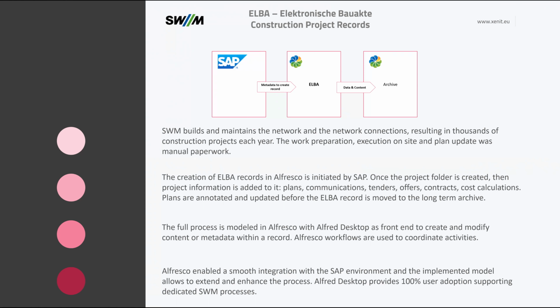When they execute the work, the workers provide annotations on the plans and give a description of the result of the work back to the department that needs it to update the plans. And it's only when the full record and the plans are up to date and complete that the whole project folder will be moved to an archive and second level archive.